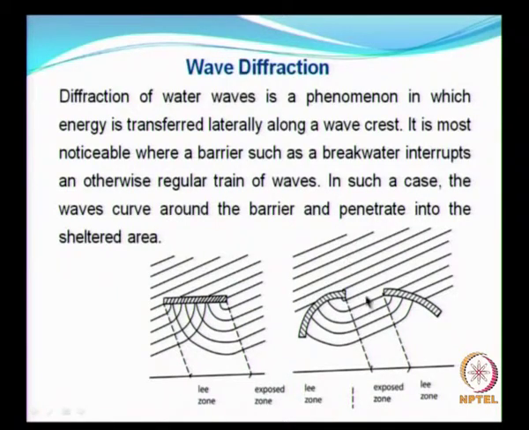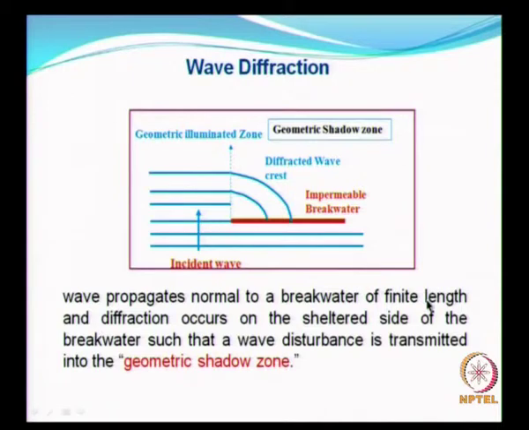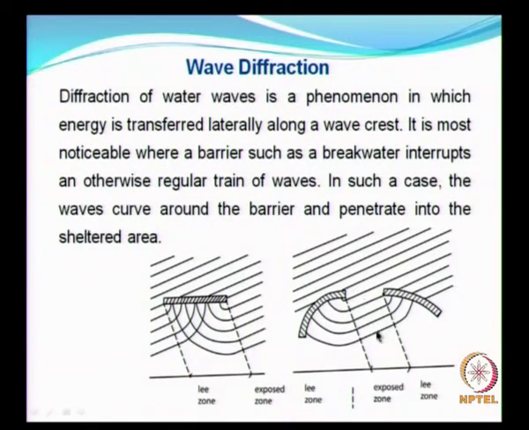So when the waves enter here, you see that here it will be moving uninterrupted, whereas here the energy will be diffracted. So this area will be calmer zone compared to this area. So I hope it is very clear now.